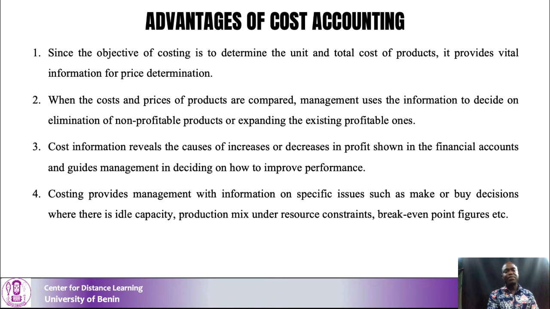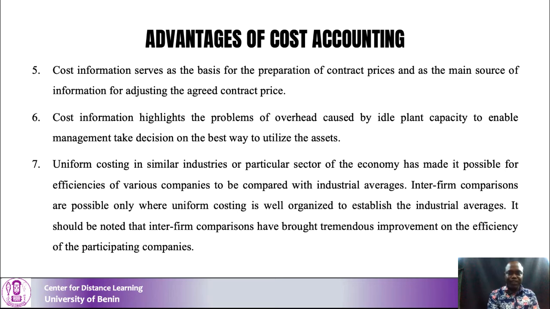Costing provides management with information on specific issues such as make or buy decisions, where there is idle capacity, production mix under resource constraints, break-even point figures, etc. Further advantages of cost accounting: One, cost information serves as a basis for preparation of contract price and as the main source of information for adjusting the agreed contract price.